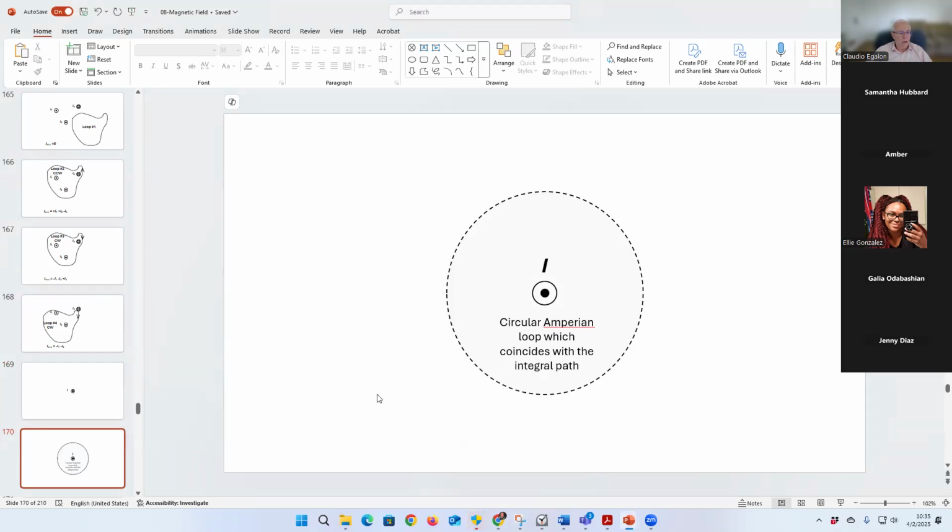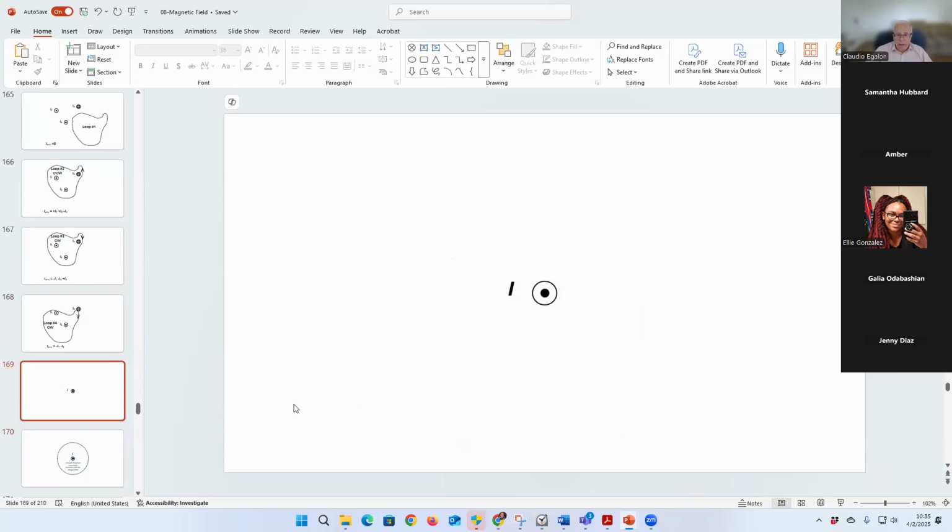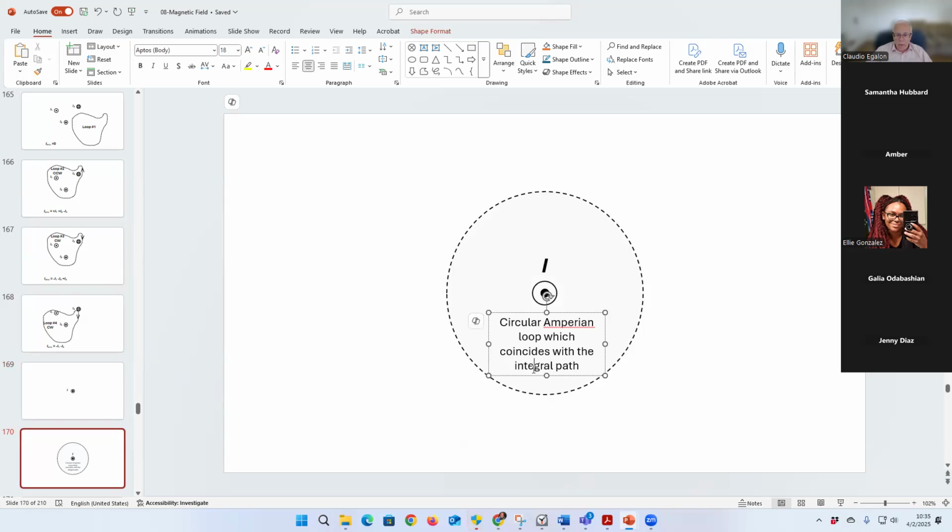Okay, so here you go. Circular Amperian loop, which coincides with the integral path. It's not the integral path, but I want it to coincide with the path chosen, right? Chosen, like that.